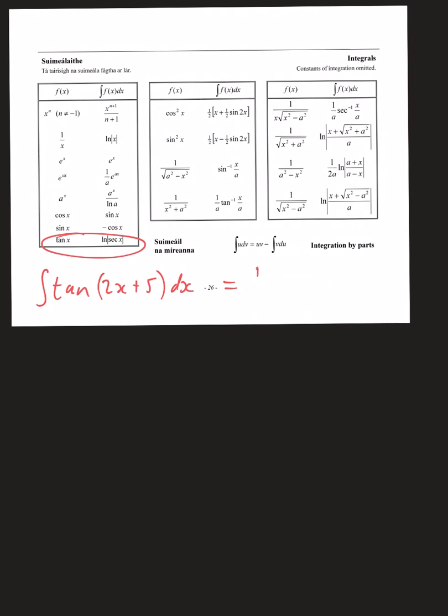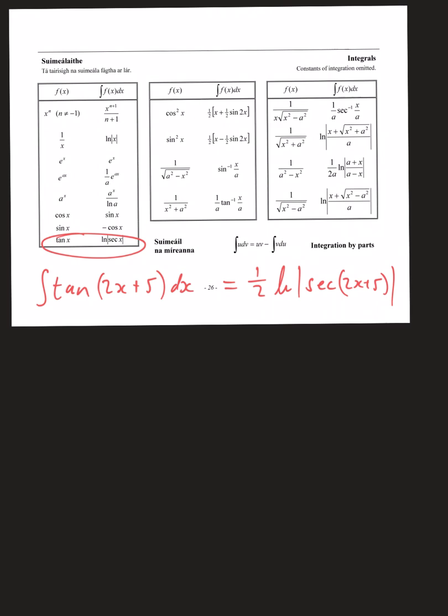So what I'll get is a half, that's from the 2x, times log absolute value secant, and in here I put my 2x plus 5. Now you could do that one with a substitution as well, but there's really no need to make the actual substitution, because you can see that when I differentiate my u, I'll get a 2 for du dx, and so dx will be a half du, and I'll get my half in front, and it'll be the same for all of these.